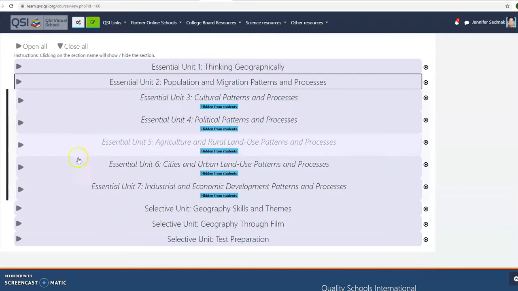So you can see I have lots of unit tabs. In fact, all these ones in the middle you can't even see on your page. But Unit 1 is open, Unit 2 is open, and then we have 3 selective units at the bottom that are open as well. I want you to click and open the one called Geography Through Film.